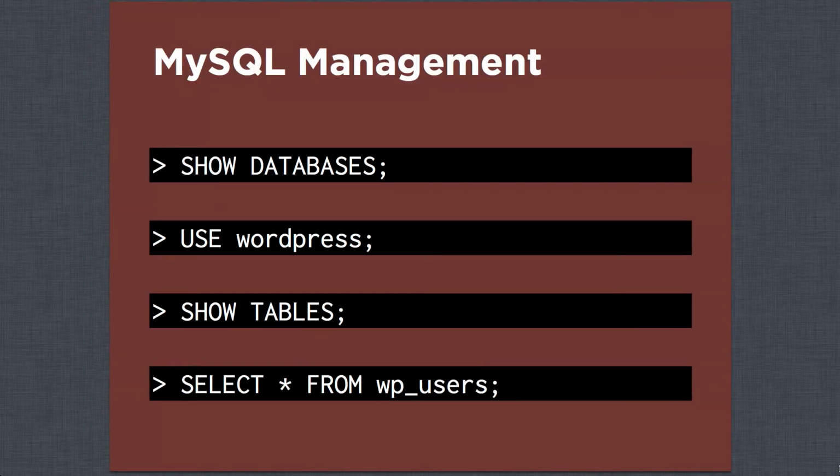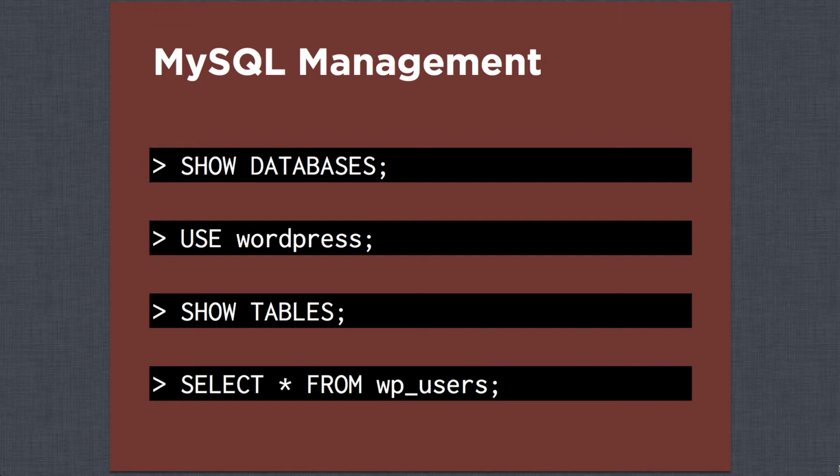These are some basic management queries for MySQL. We have show databases, and use WordPress, which is telling MySQL that I want to use that particular database. Show tables prints out all the tables in our database. And select star from users is a basic SQL command that would print out all of the rows from our WordPress users table.